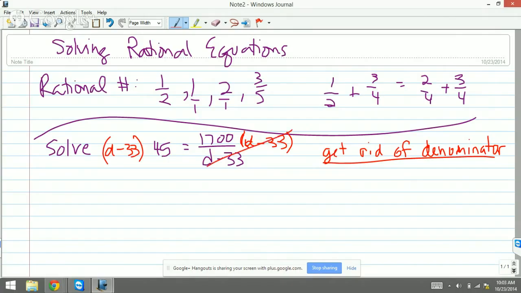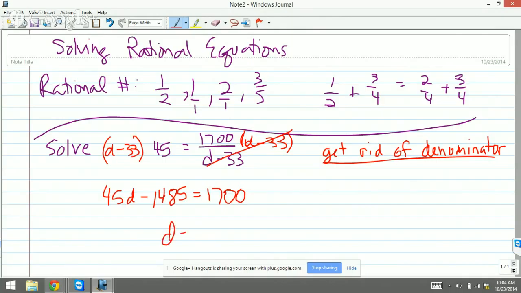Those cancel. And then I can distribute on the left, right? Okay, you can solve that one, right? That's a linear equation.